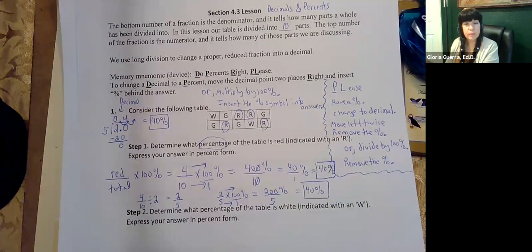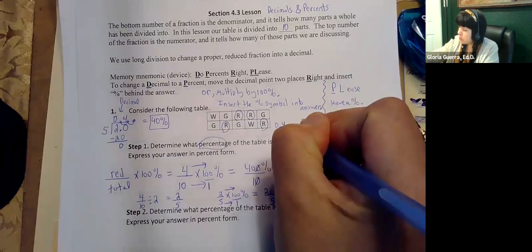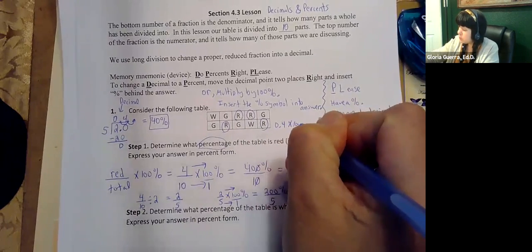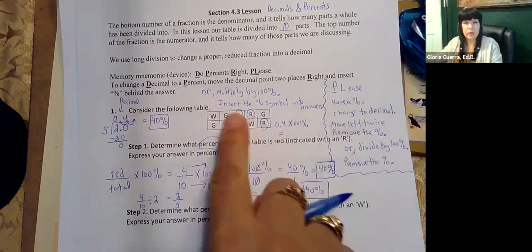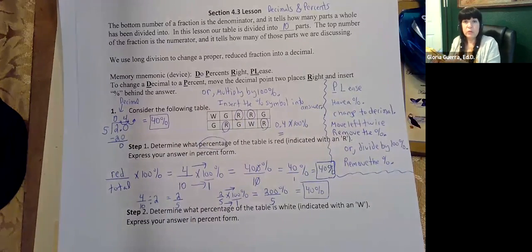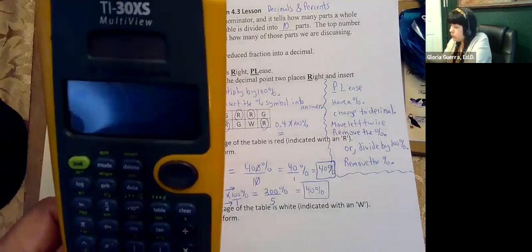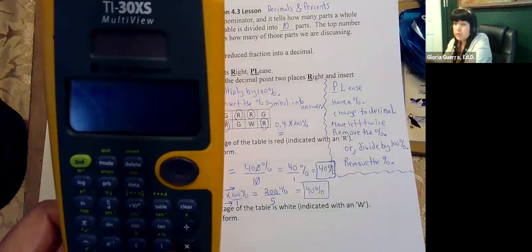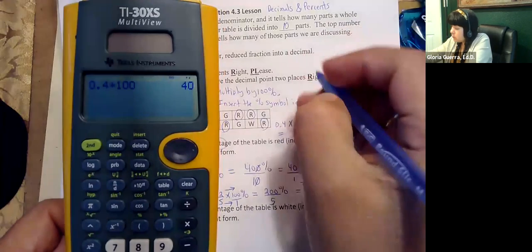Or I could take the 0.4 and multiply it by 100%. So 0.4 times 100 gives me 40%.